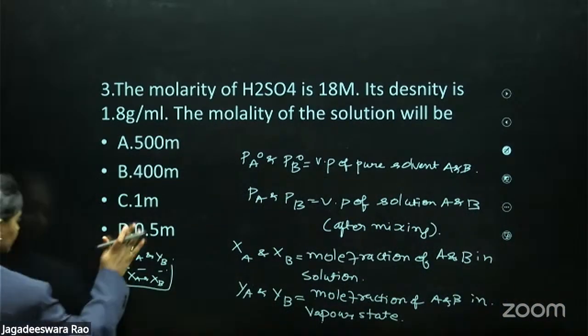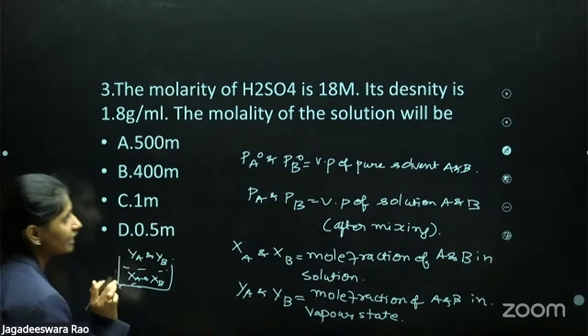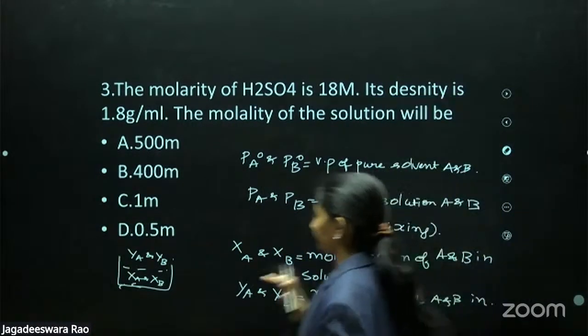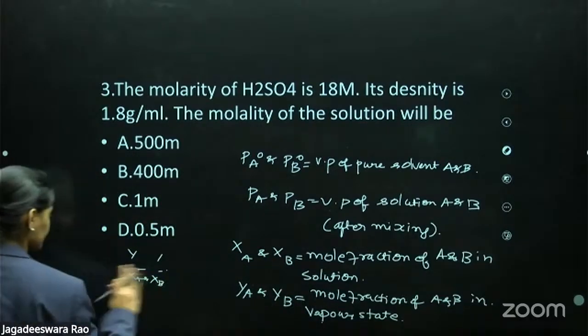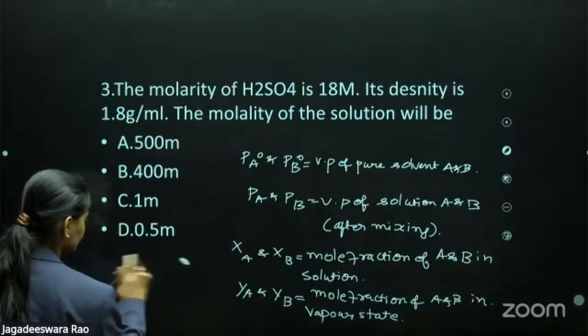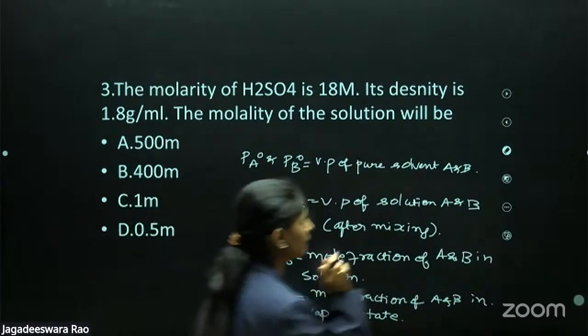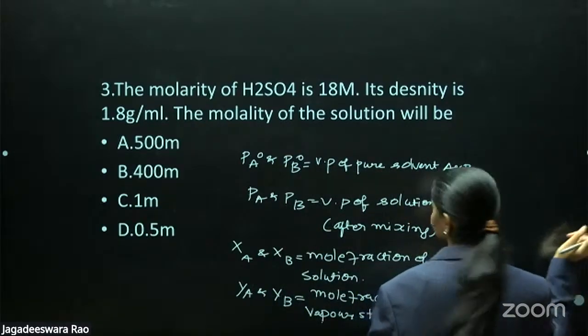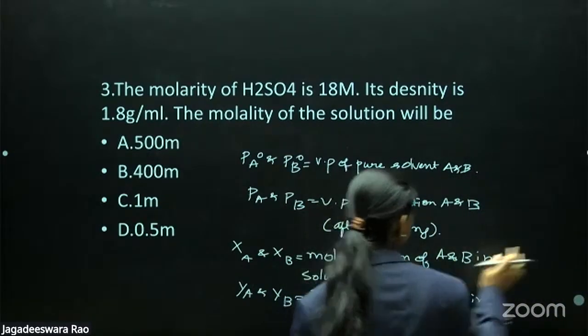Then how to find YA and YB? There is a formula for that also. YA is equals to PA by PT. If they ask how to find the YA, YA is equals to PA by PT.